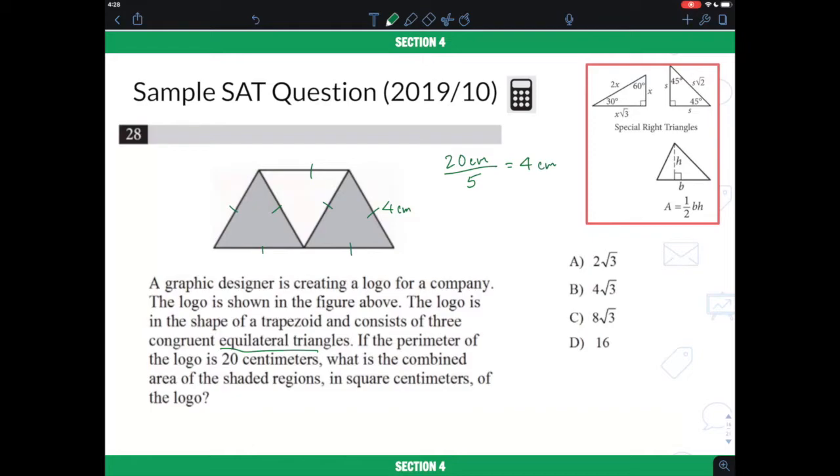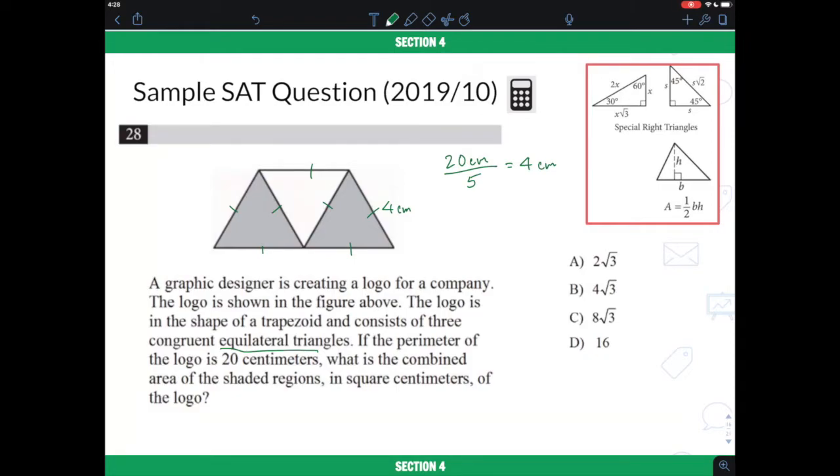Now, there are actually 2 ways to do this. One is a more direct way, but that involves an equation that's not printed on the page. So you might have to know this by heart, and if you do, you would know it. I'm going to share this with you. For equilateral triangles, there's an equation for the area.